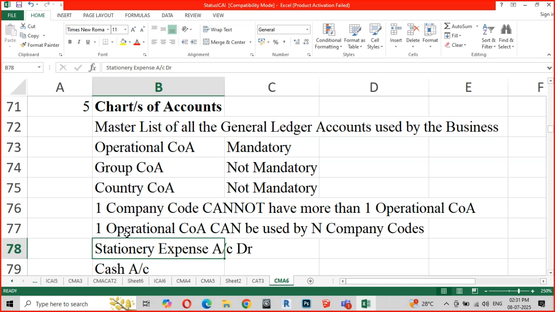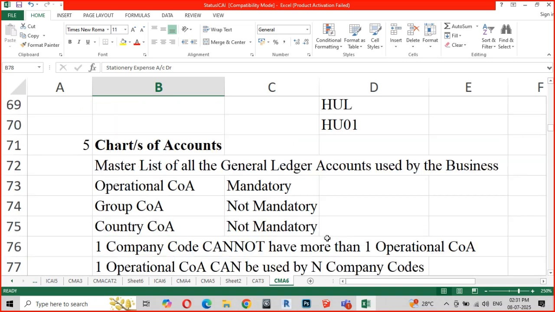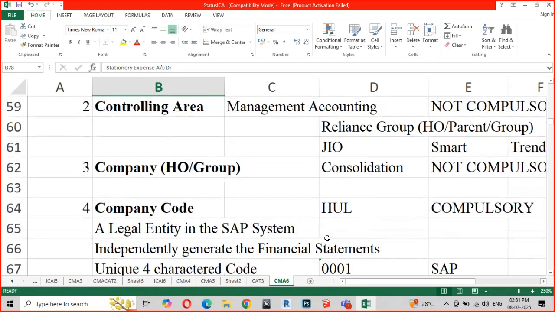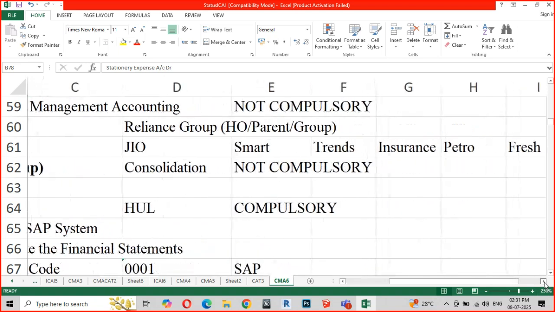Why is this? Let me take up this scenario. I am implementing or trying to bring the SAP system into Reliance Group. I have Geo, Smart, Trends, Insurance, Petro, Reliance Fresh.